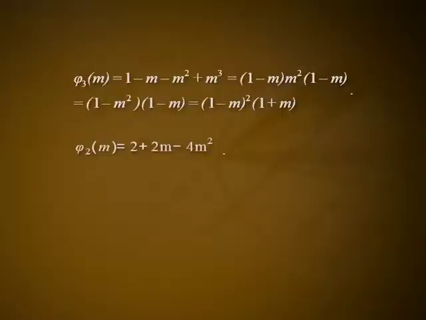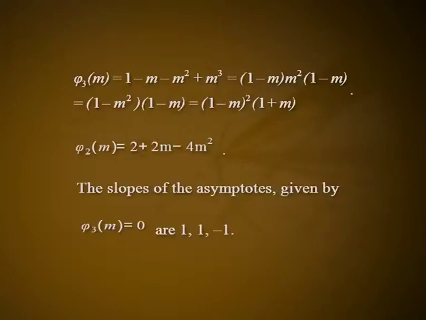Putting x = 1 and y = m in the third degree and second degree terms separately, we get φ3(m) = 1 − m − m² + m³ = (1 − m) − m²(1 − m) = (1 − m)(1 − m²) = (1 − m)²(1 + m). φ2(m) = 2 + 2m − 4m². The slopes of the asymptotes given by φ3(m) = 0 are 1, 1 and −1.